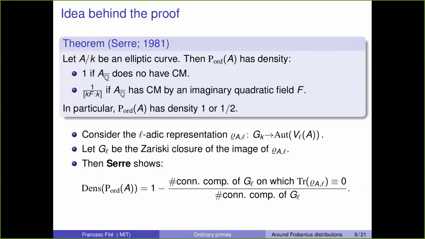So here I'm just copying Serre's theorem again, for your convenience, and I just want to give a rough idea of how he proves the theorem.